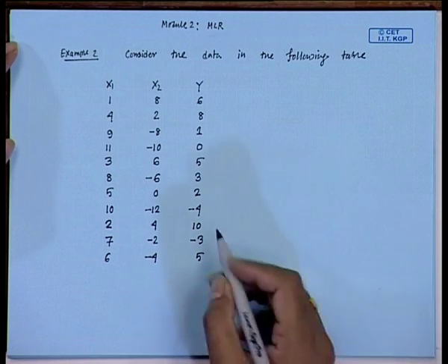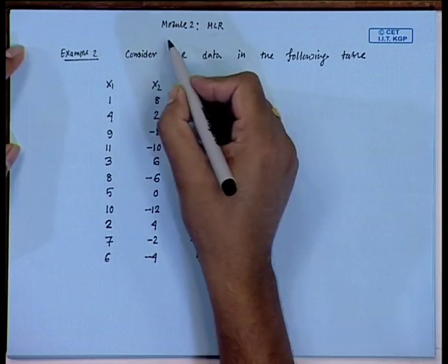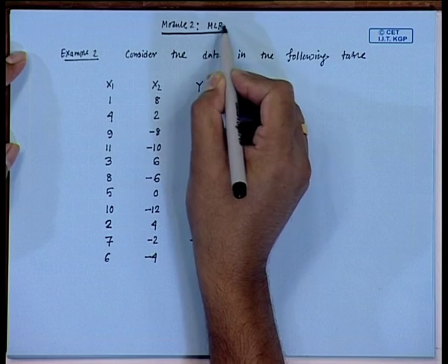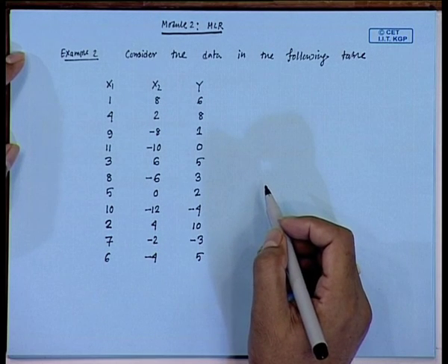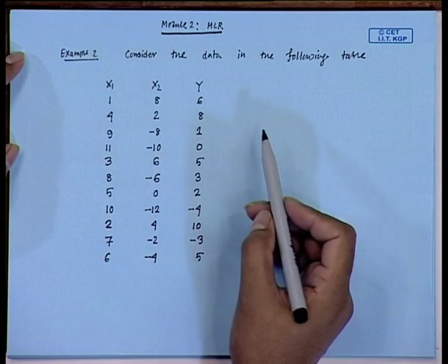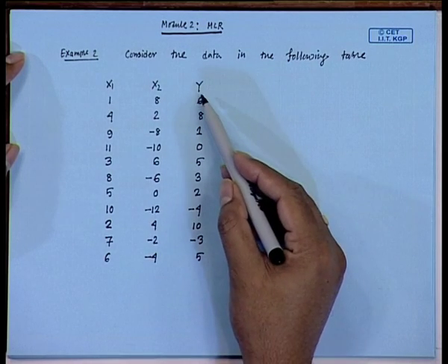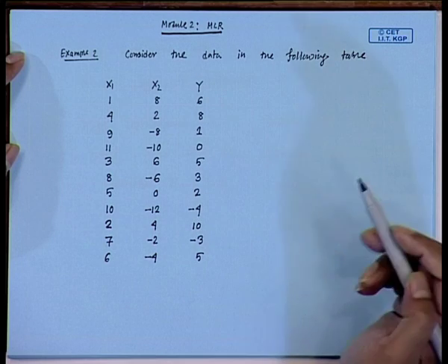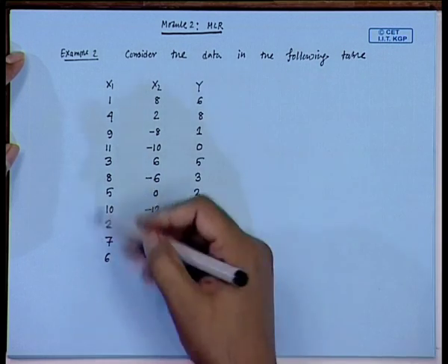So, here is the data, the example we considered in module 2, the multiple linear regression model. Here we have two regressors and one response variable, and we have the data for that.